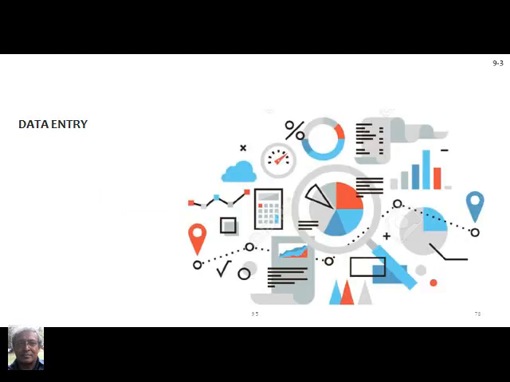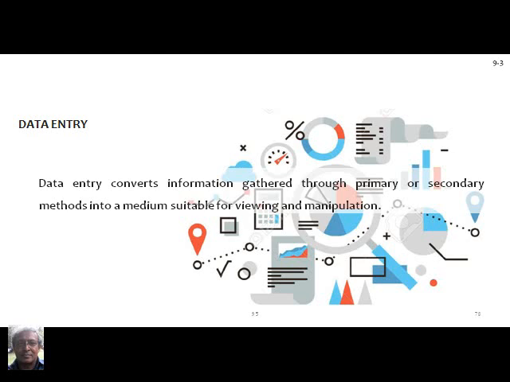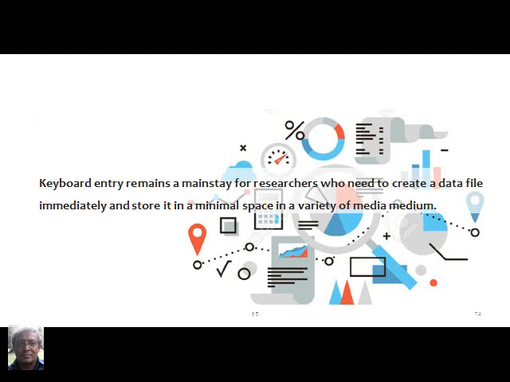Data entry. Data entry converts information gathered through primary or secondary methods into a medium suitable for viewing and manipulation. Keyboard entry remains a mainstay for researchers who need to create a data file immediately and store it in a minimal space in a variety of media.